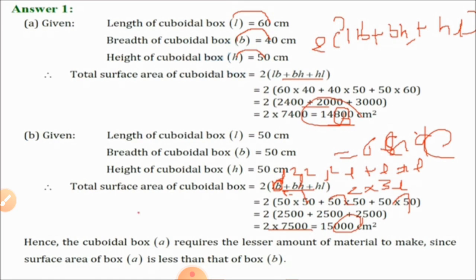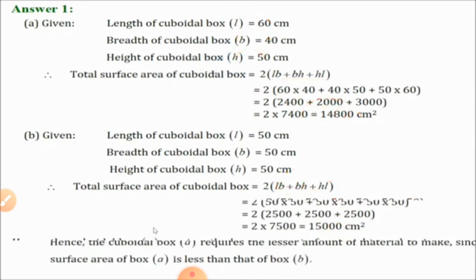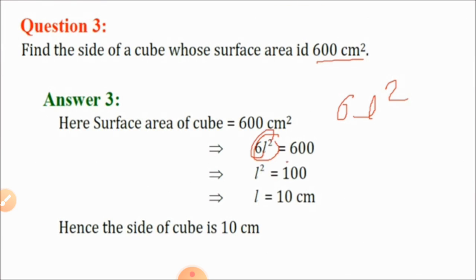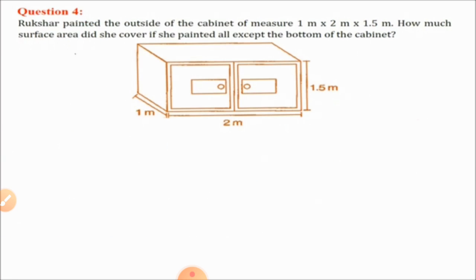Question number 1, once again, 6L square. Correct. You can use this one because this is the same. Third one, once again, 6L square equals 600. Yes, my dear student, how did it come? 600 is already given. So L square is equal to 600 divided by 6.